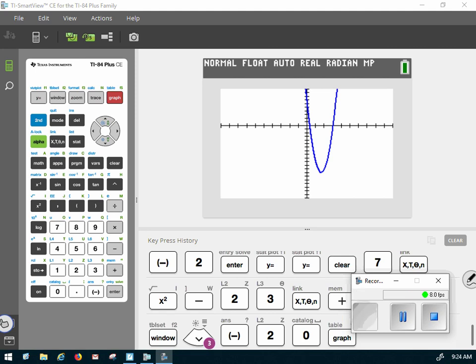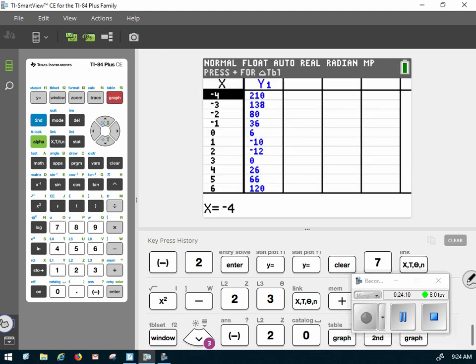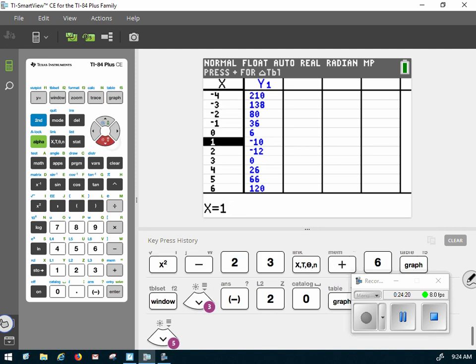Go to table. We divided by 3, right? Look down here. Go to x equals 3. What was your remainder? 0. Remainder was 0.